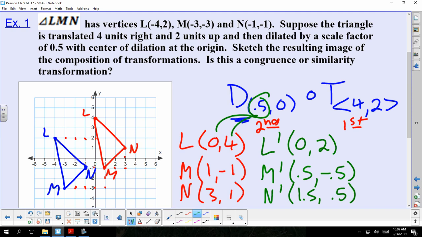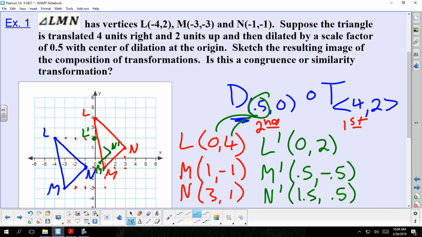Now once I graph those points, I'm going to shade in my final resting spot of the dilation. From 0 to 2, there's my L prime, and 0.5, negative 0.5, right in there, there's my M prime. And then 1.5, 0.5, there's my N prime.